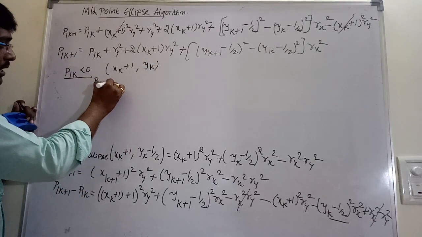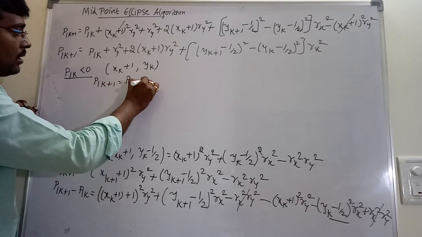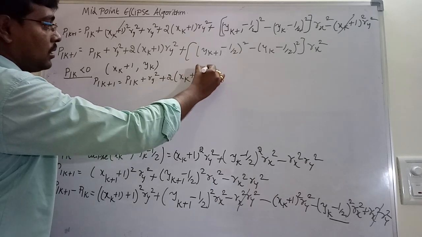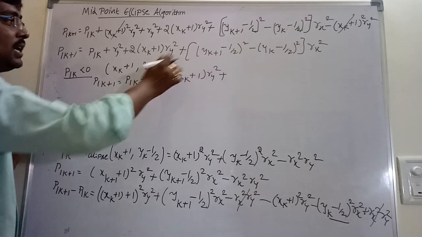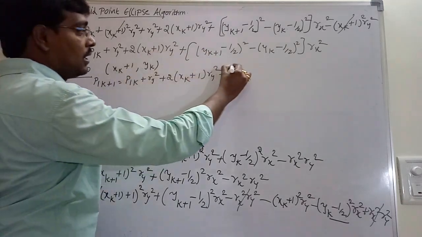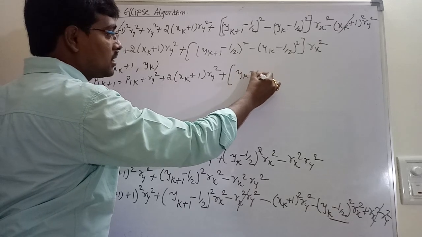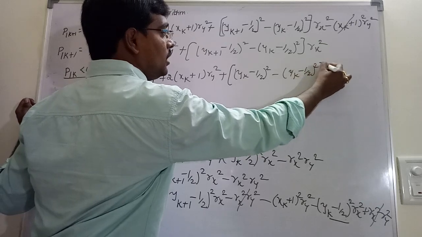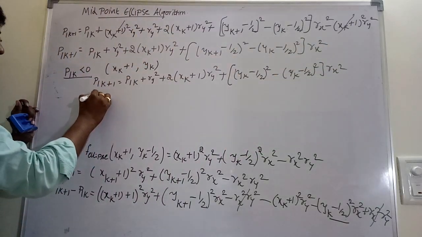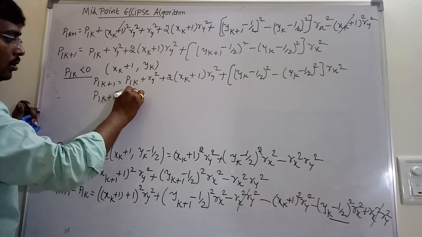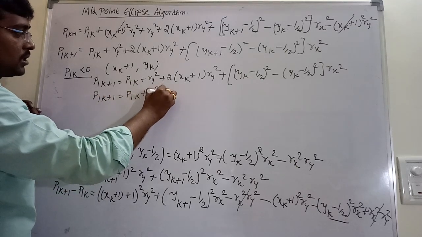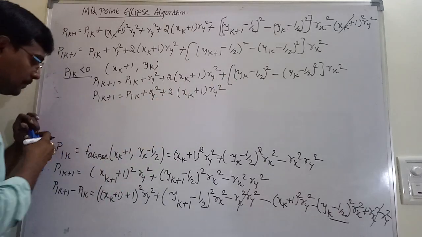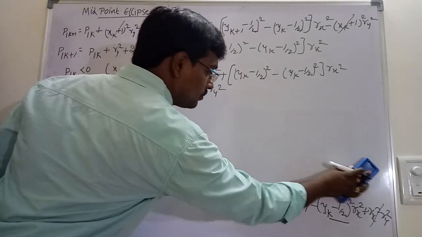Substitute: p1k+1 is equal to p1k plus ry square plus 2 into (xk+1) ry square plus, yk+1 is replaced with yk, that means (yk minus half) whole square minus (yk minus half) whole square into rx square. So p1k+1 is equal to p1k plus ry square plus 2 into (xk+1) into ry square.